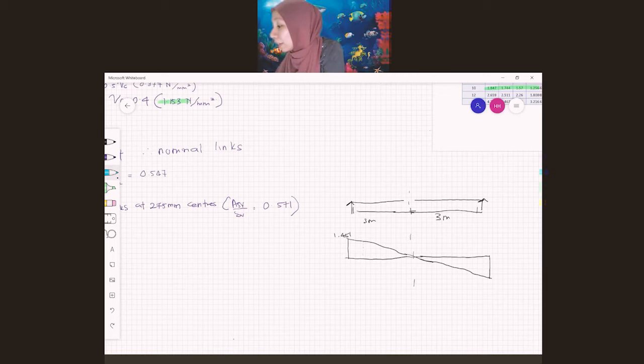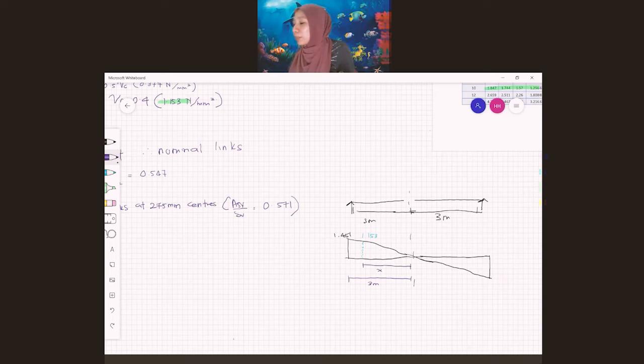So 1.153, it should be anywhere dekat sini lah kot. Kita tak tahu kat mana sebab kita nak cari dia sebenarnya kat mana. Okay, at any point over there. What we do next is kita nak cari berapa value ni. Ini 3 meter, sebab panjang dia maksimum. Separuh dari beam kan. Daripada tengah ni dia memang balance.